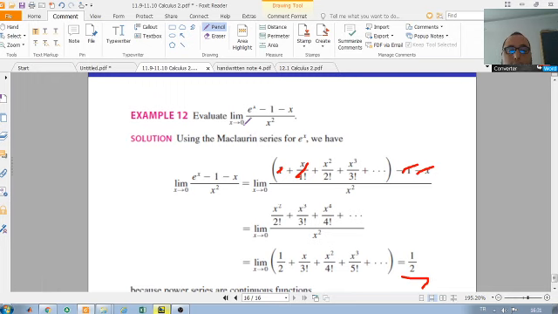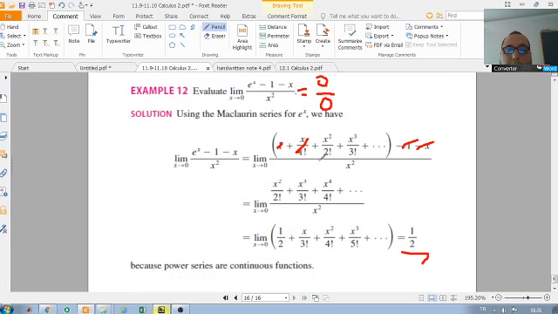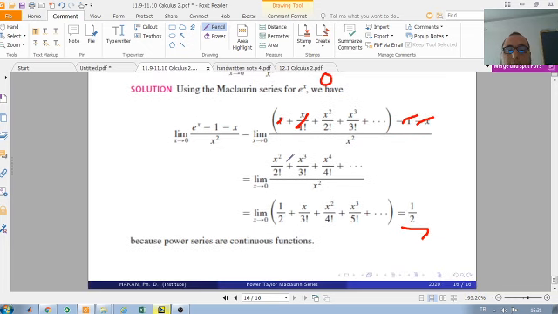Normally, if you write 0 for x here, we have 1 minus 1, which is equal to 0, so this is 0 over 0, an indefinite form.